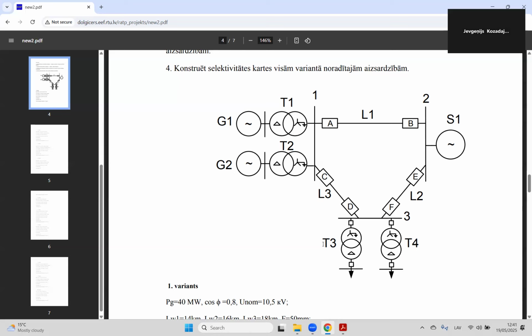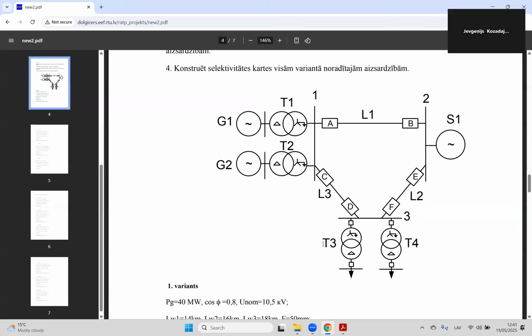The protection device nearest to the fault has the lowest time delay, and the farther we are from the fault, the greater the time delay value we have.